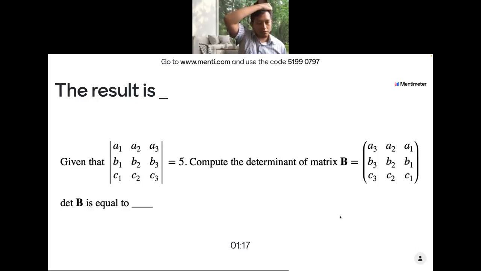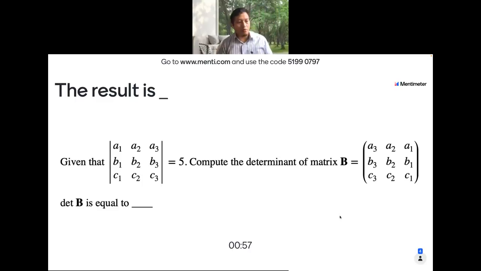I hope you still remember some theorems in matrix. Given the determinant, a straight line, not a bracket, means determinant.